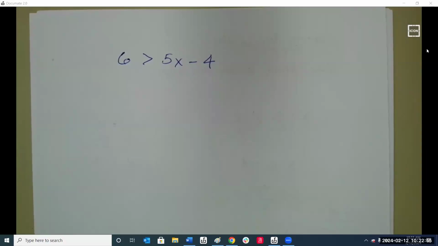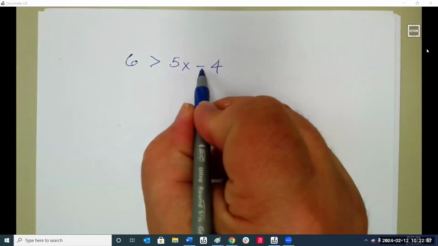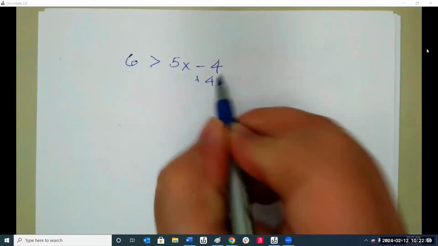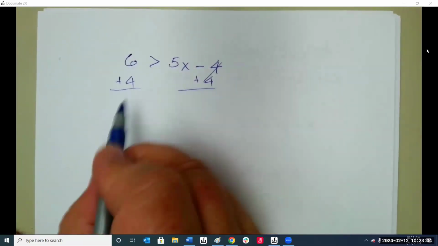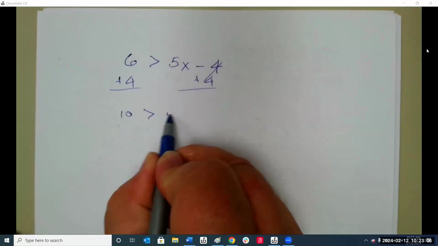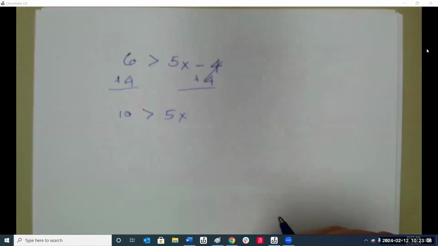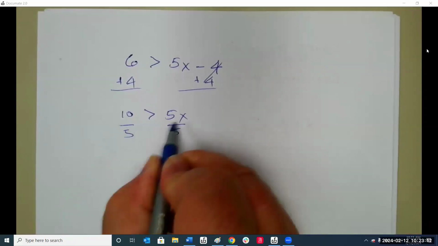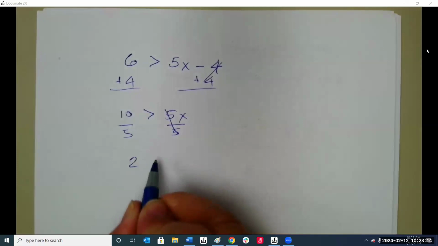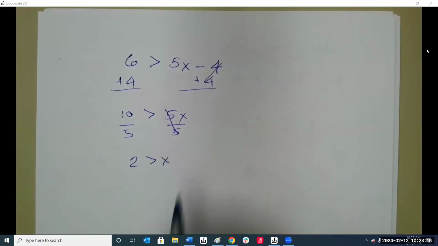What's the first thing I do? Yeah, get rid of the 4. So 10 is greater than 5x. Then divide by 5, get the x by itself. So 2 is greater than x.